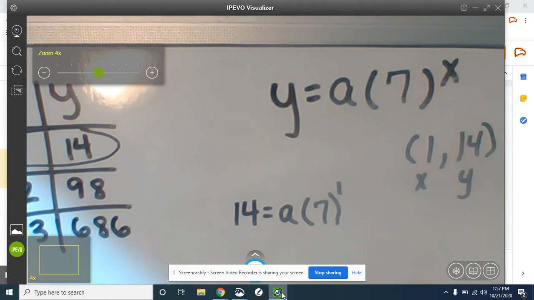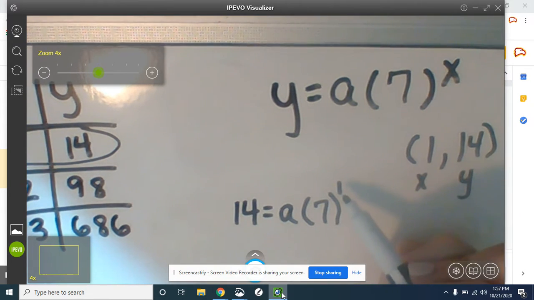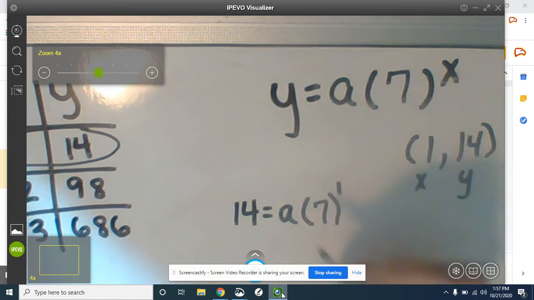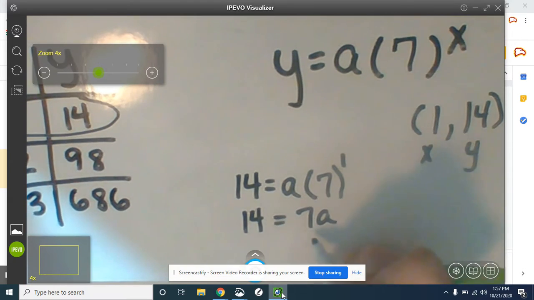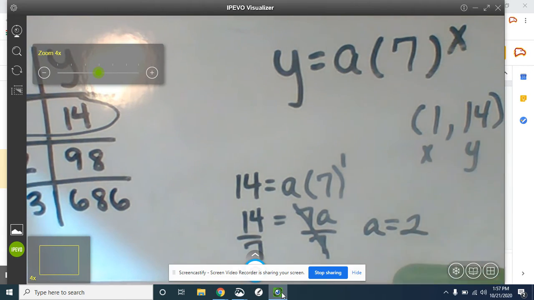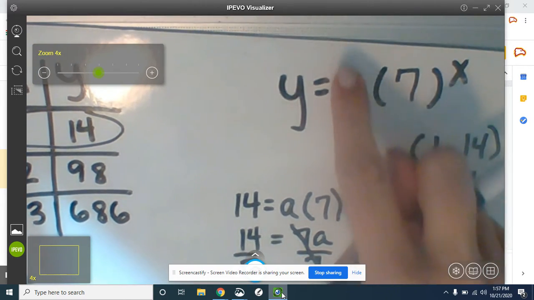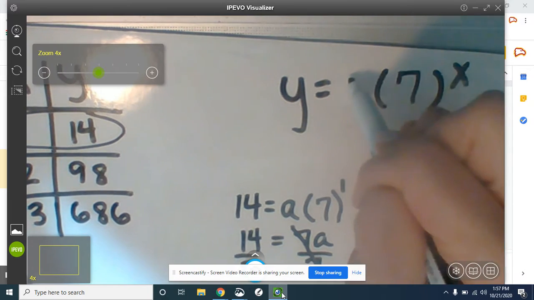So we're just going to solve this equation. 7 to the power of 1 is just 7, and 7 times A is 7A. Then we're going to use our division property of equality, divide both sides by 7, and we get A equals 2. So I'm going to go up here and erase our A and put a 2.